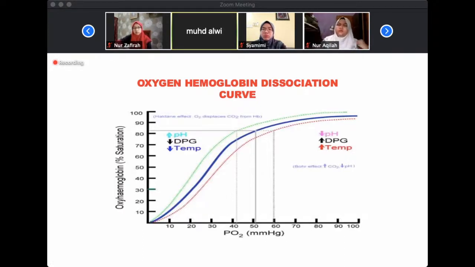Look at the curve, the blue curve. If you've got two adults, two persons, with a blood PO2 of, for example, 70. Let's make it 60, easier. If you've got two adults with PO2 of 60, what is the SpO2?